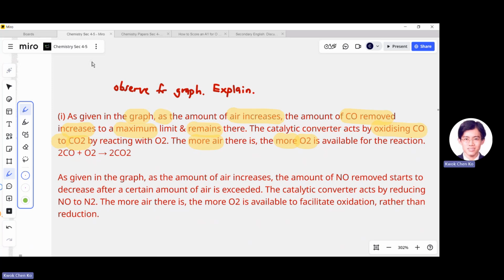I try to be as systematic as possible in answering these questions. Make sure you answer the first part. What do you observe from the graph? More air, more CO is removed, up to a limit.